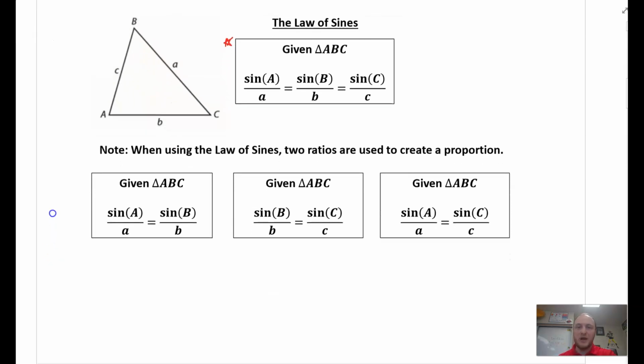You can break it down into parts: sine of A over a is equal to sine of B over b, and vice versa through the transitive property. If I just want to find out something about angle C, we have sine of A over a is equal to sine of C over c. That's the law of sines. Very simple, and a lot of students like it. It is very easy and intuitive. Don't rely just on this. You do need to know the sine, cosine, and tangent ratios and how to use SOHCAHTOA.